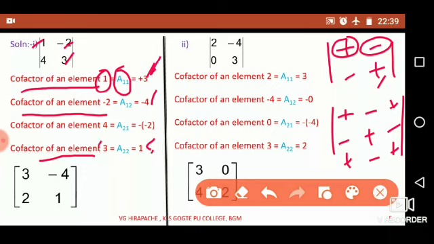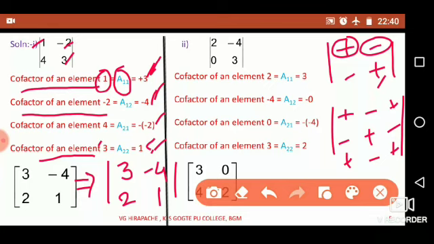Now if these minors are multiplied with plus, minus and minus, plus sign, then those become the cofactors. Therefore the cofactors of this determinant, the first row cofactors are 3, minus 4, then plus 2 and plus 1. These are the cofactors.